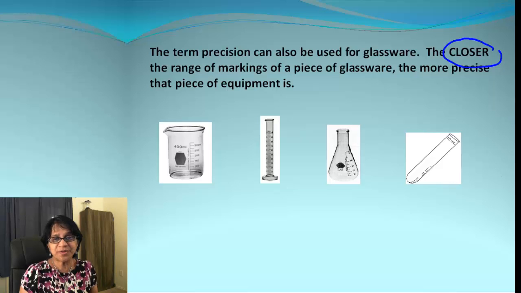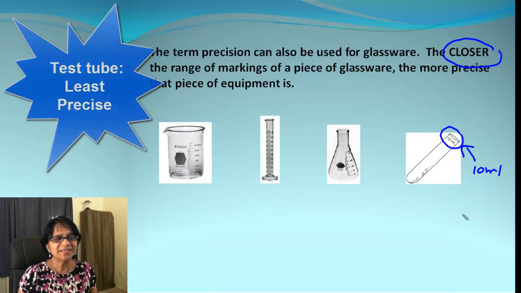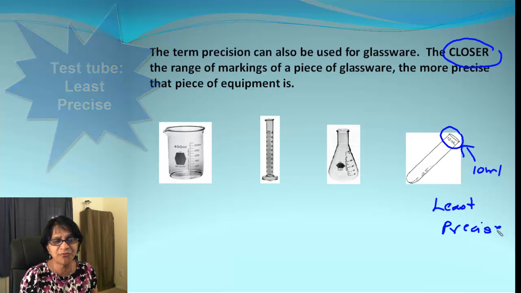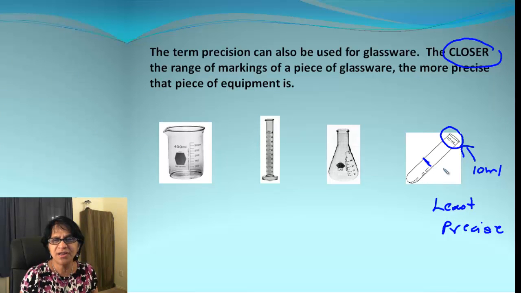So look at all these figures, and immediately what strikes is this is a test tube and there is only one marking of 10 milliliter, no other markings. That means this must be least precise, because if we fill that halfway somewhere up to here, we will have no way to find out how much volume we have.